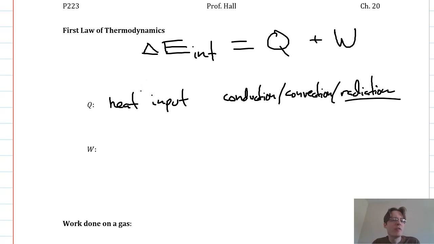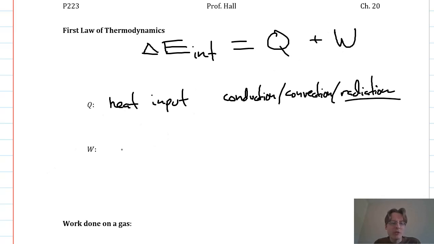So the heat of a fire, you can feel the heat of a fire through a vacuum. Think of the sun. You can feel the heat of the sun through the vacuum of space. That's radiation. So you can increase the energy of a thing, of course, by using heat. That's one way to do it. Now, notice that Q represents the heat input to the system. Of course, Q can also be negative if it leaves the system. Okay, so the default sign for it is positive for heat coming in.